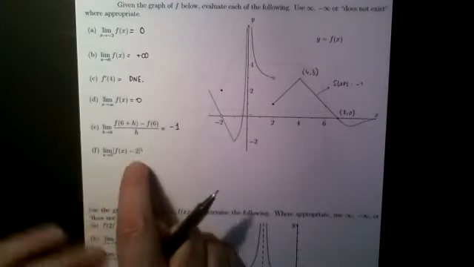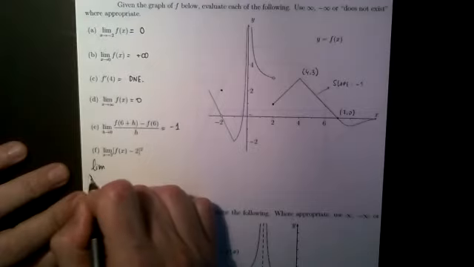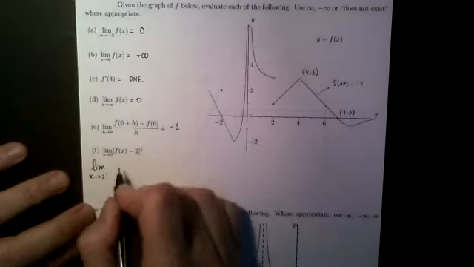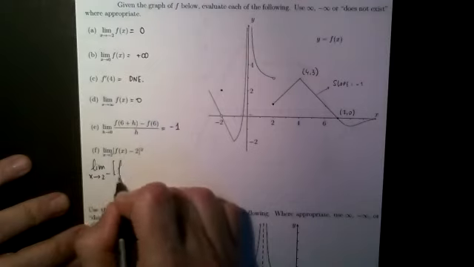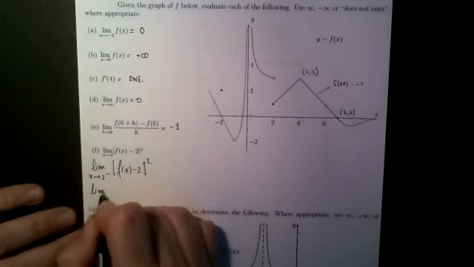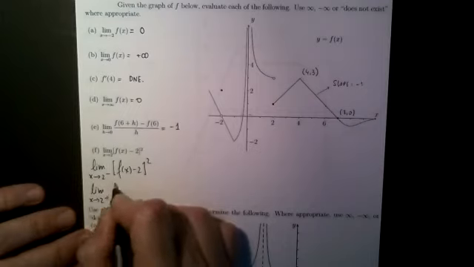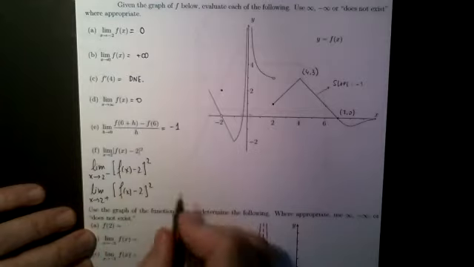Okay, so let's see the limit as x approaches 2 from the left of f of x minus 2 squared, and then limit as x approaches 2 from the right of f of x minus 2 squared.